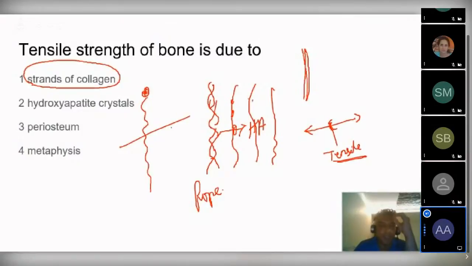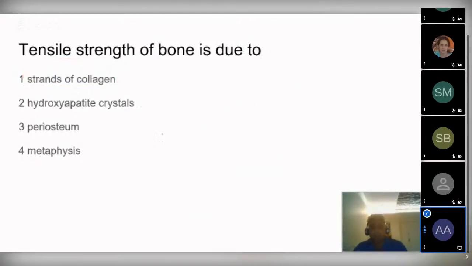Imagine collagen fibers are a rope. Okay. So collagen fibers are deposited with the hydroxyapatite crystals. Compressive strength, imagine, means it is a brick. If you stand on this brick, it doesn't fail.